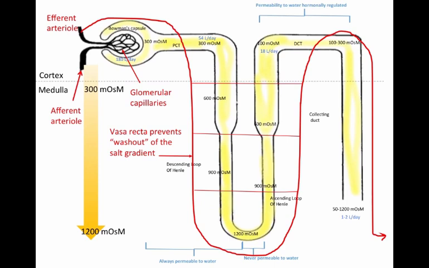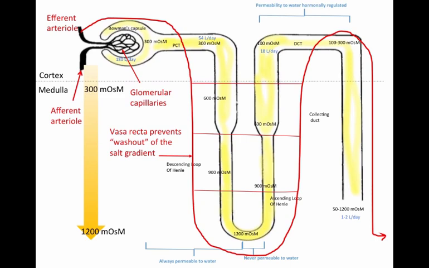And in fact, the whole process of making this concentrated urine and setting up the initial salt gradient in the medulla is because the loop of Henle is what's called a countercurrent multiplier. And this has to do with water being able to leave the very permeable descending loop of Henle, but the ascending loop of Henle being impermeable to water and pumping out ions.